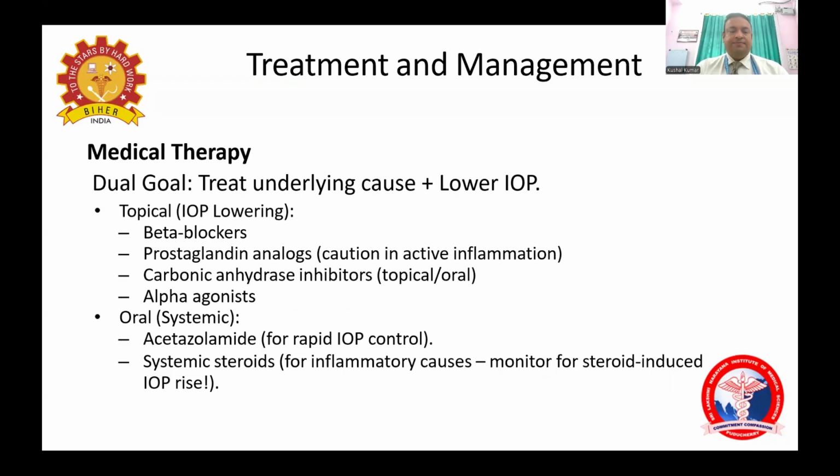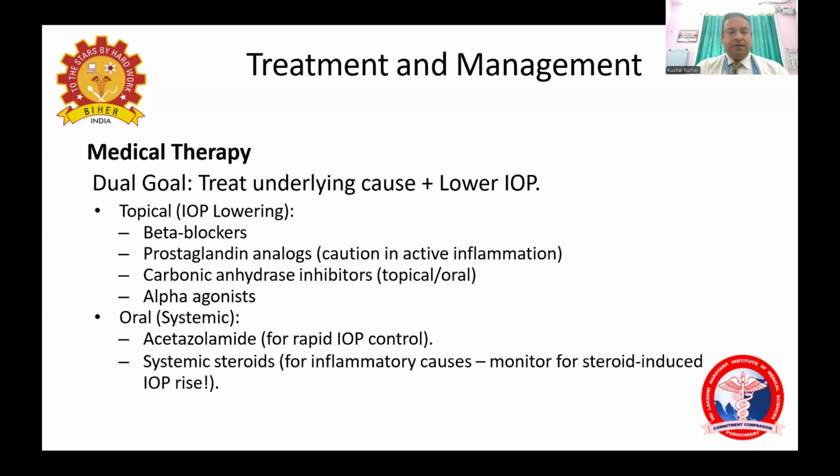Treatment and management. As far as medical therapy is concerned, the main aim is a dual goal, which is to treat the underlying cause and also lower the intraocular pressure. So how do you lower the intraocular pressure? You can use drugs like beta blockers, you can use prostaglandin analogs, but with prostaglandin analogs, you've got to be a little cautious, especially when there is active inflammation.